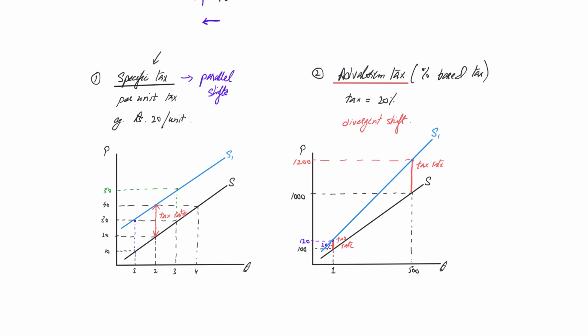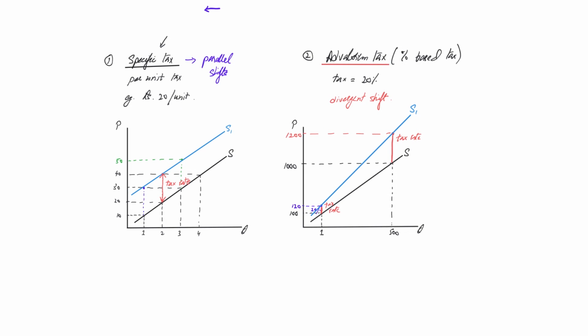All right, so that's just one of the ideas which you have to take care of in case MCQs come. We have seen MCQs on how the shift is supposed to be in a percentage based tax, and we have seen it in case studies sometimes when they're talking about a good. There haven't been many case studies in which they've actually asked, but they did ask back in the day in one of the case studies.